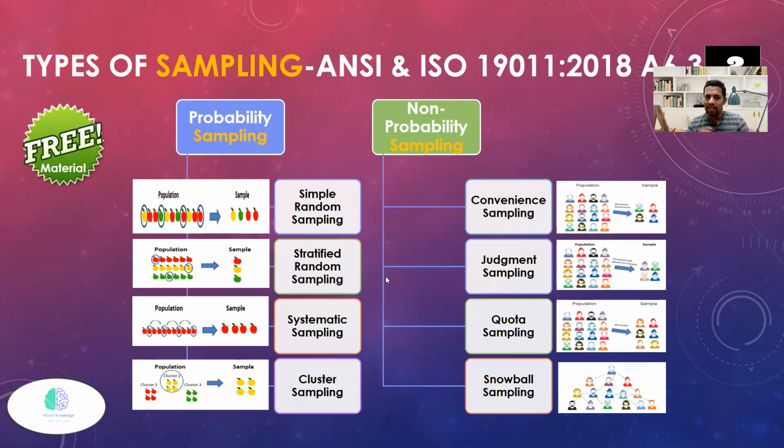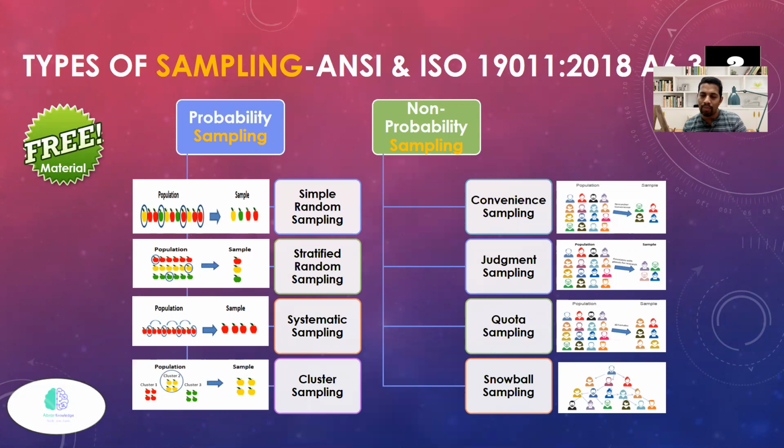So these are the types of sampling. One is called probability sampling, another is called non-probability sampling. Probability sampling is also referenced in ISO. There is a citation in ISO 19011, the auditing management system standard, 2018 version, in Annex A, where clause 6 talks about sampling.